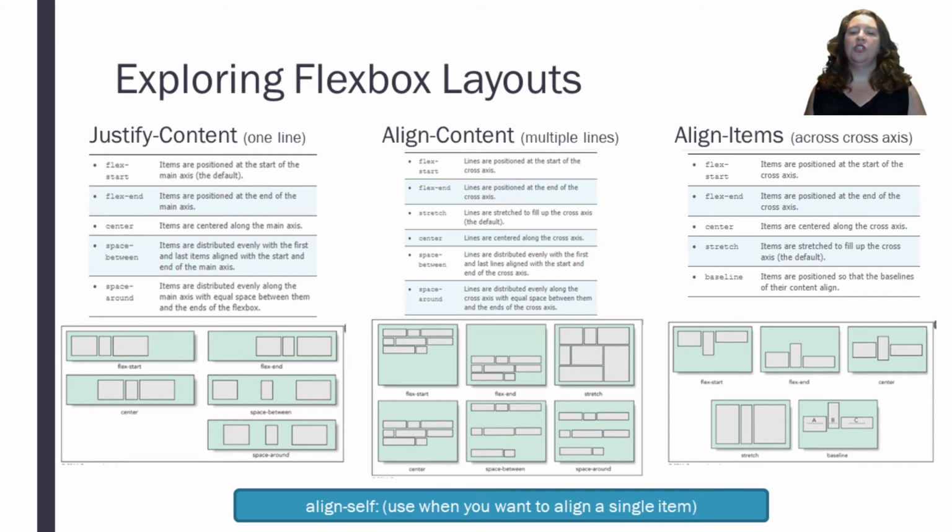We can also choose to align the content of multiple lines, being able to be at the flex start or flex end, being able to stretch to fill our space, which is a really useful one if you want to fill your space nicely. We can also choose to have them all in the center, or again, the space between or space around option. And the last one is our align items. And this goes across your cross axis as opposed to across your main axis. How do you want it to be across your cross axis? Do you want them all at the top or the bottom?